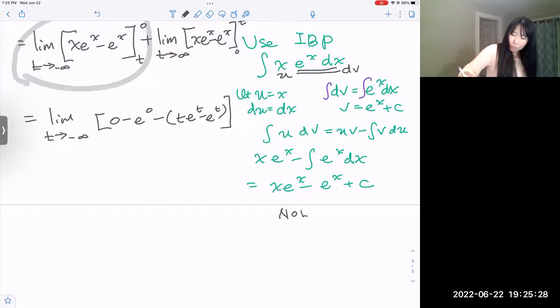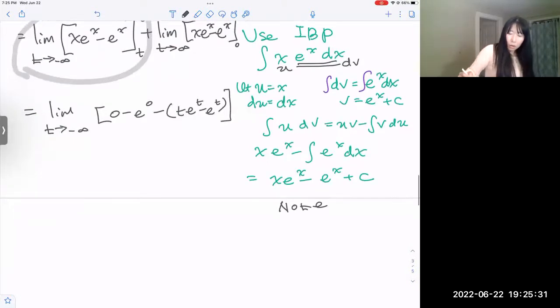So y equals t, like that. When t approaches negative infinity, we follow the graph. What's the graph behavior? Negative infinity. So this one is negative infinity.